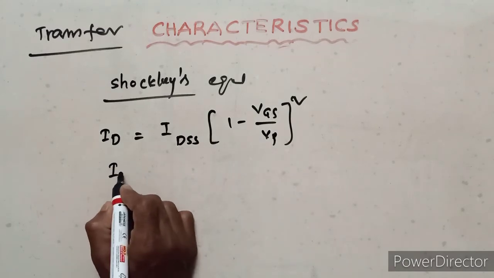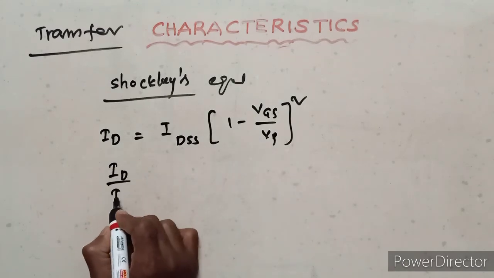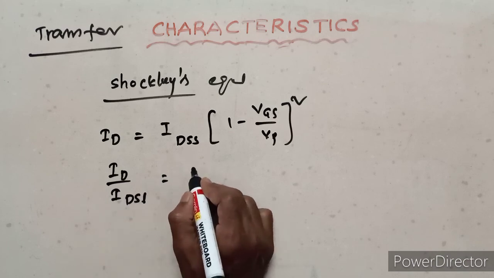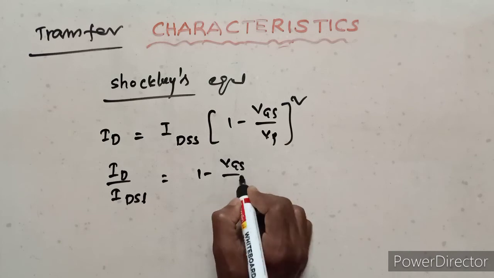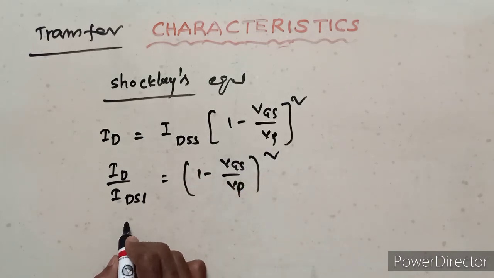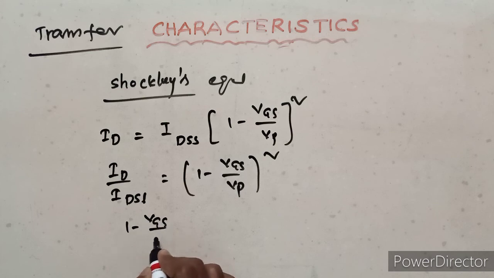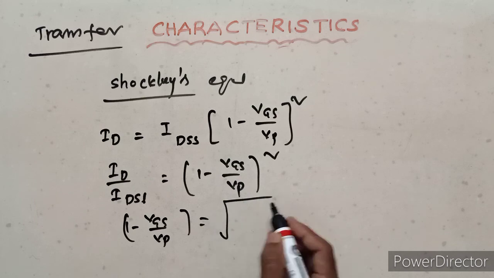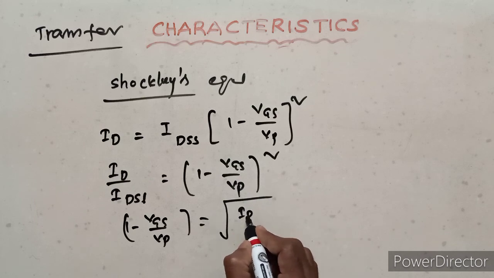It can be written as ID upon IDSS equals (1 minus VGS upon VP) whole squared. So 1 minus VGS upon VP equals the square root of ID upon IDSS.